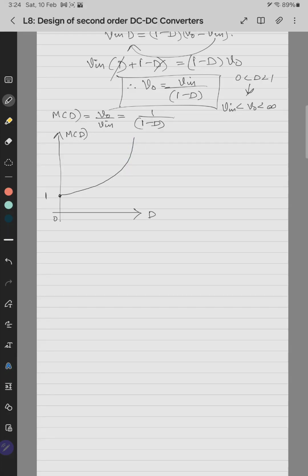Then it is rising. When D is 1, the gain will be very high. Like this, the DC gain can be very high. For 0.5 it is actually 2.